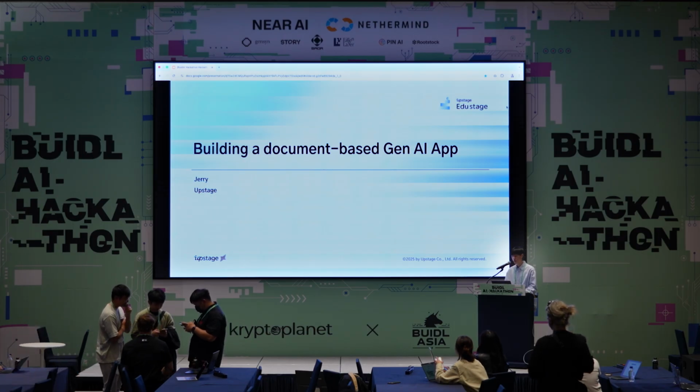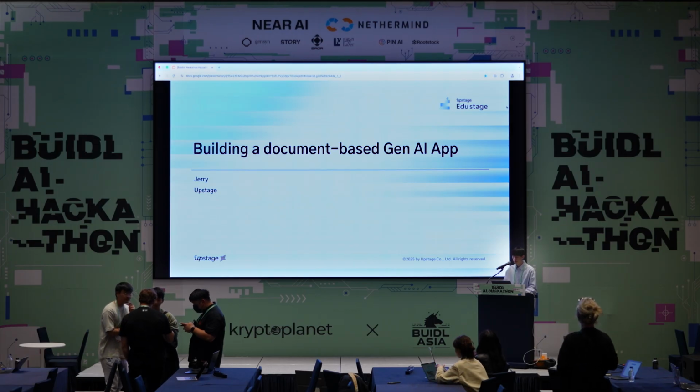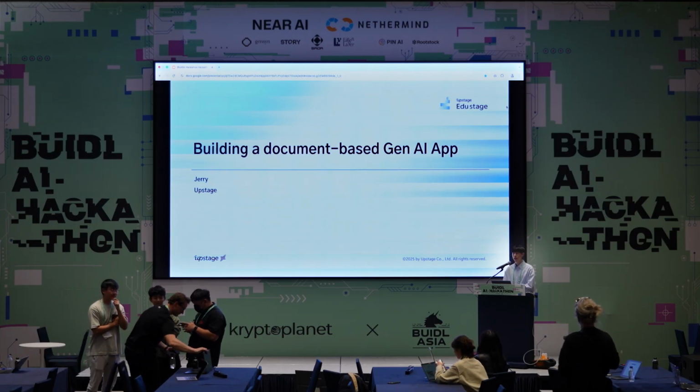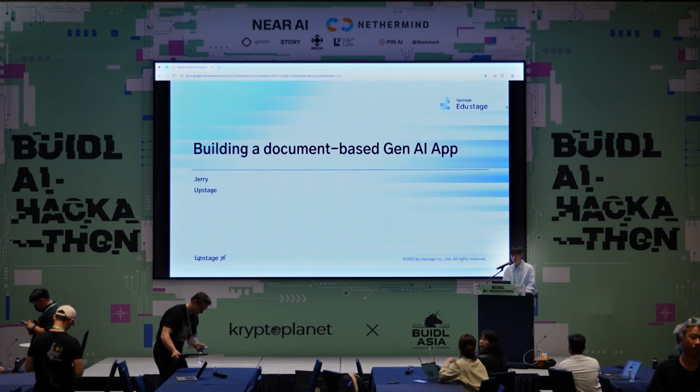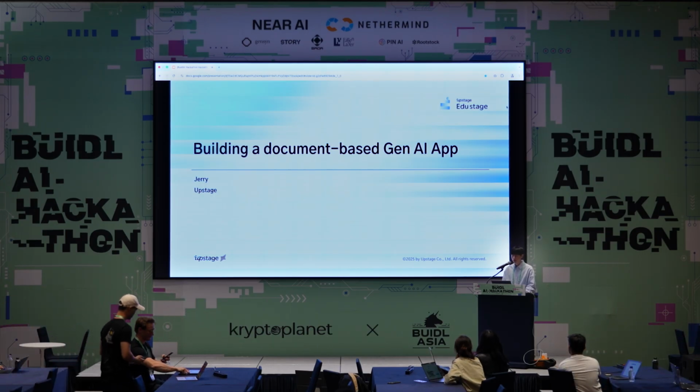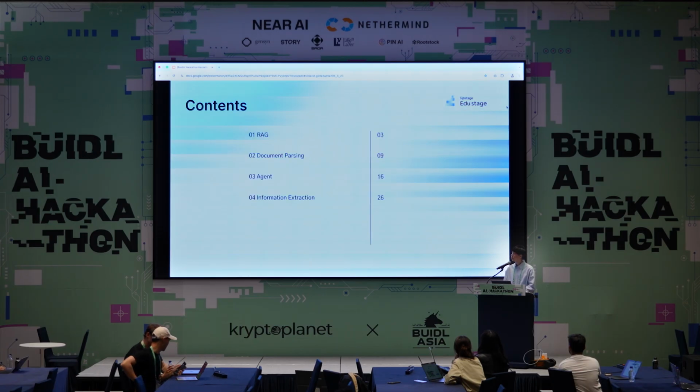In today's presentation, I will talk about the basic concept of RAG and agents and how to build a Gen AI-based application using Upstage products. These are the concepts of today's presentation. First, I will explain the basic concept of RAG, Retrieval Augmented Generation.